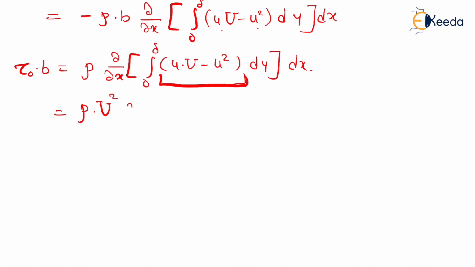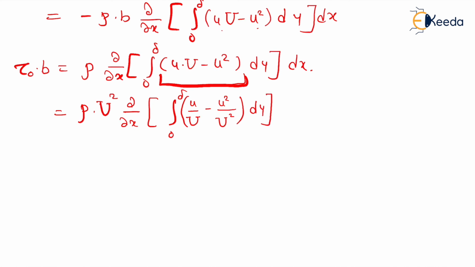So it becomes ∂/∂x integral 0 to del small u upon capital U minus small u square upon capital U square dy into dx.